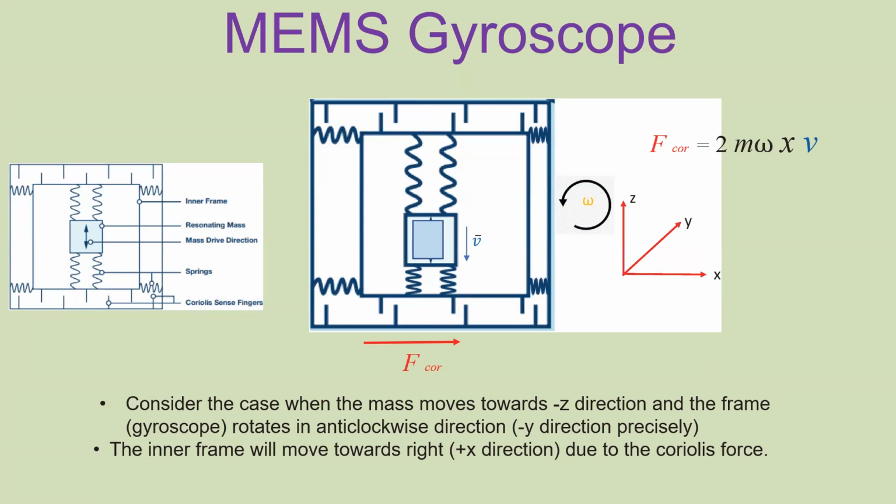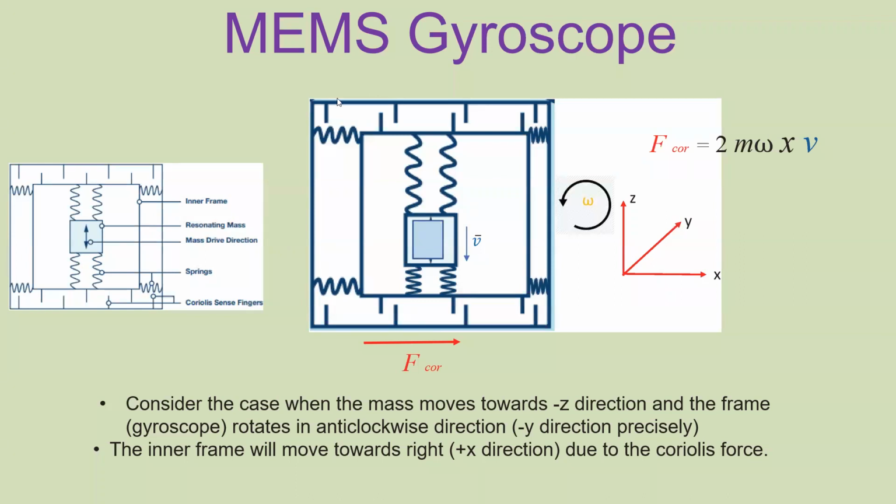The differential capacitance was proportional to the acceleration in the accelerometer, not here. Similar thing is used here.